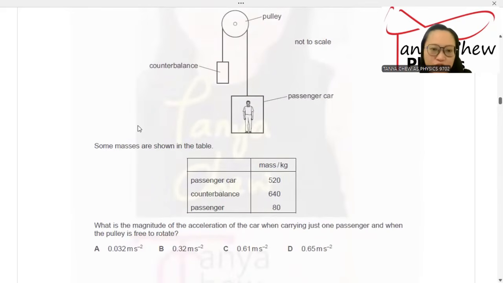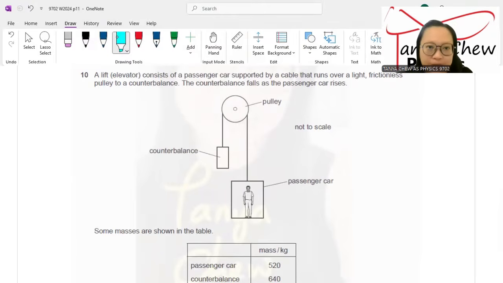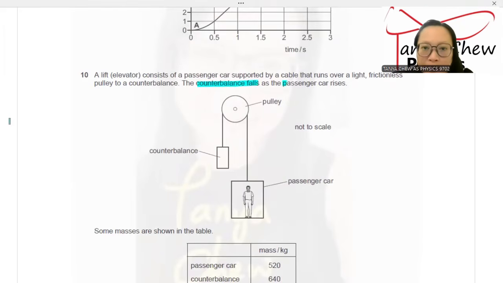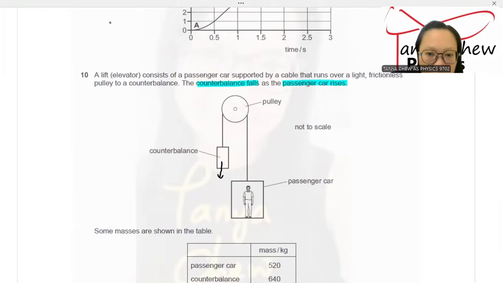What is the magnitude of the acceleration of the car when carrying just one passenger and when the pulley is free to rotate? So look for the hint, like what I always say. First, where's the hint? Okay, the counterbalance will fall when the passenger car rises. That means the counterbalance falling, the passenger car will rise up.